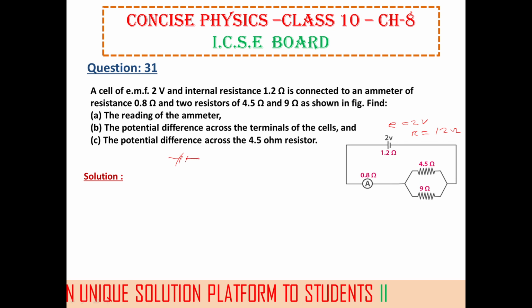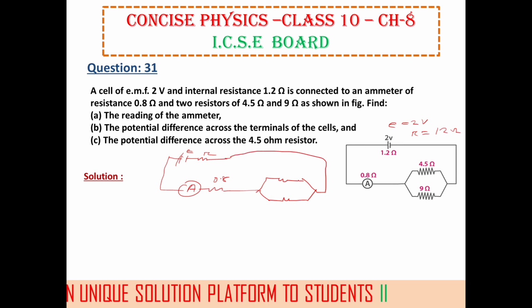Here this is internal resistance r, this is E. Here it is ammeter, here it has resistance 0.8 ohm. Now this is connected to the parallel circuit of this. So this is like this.